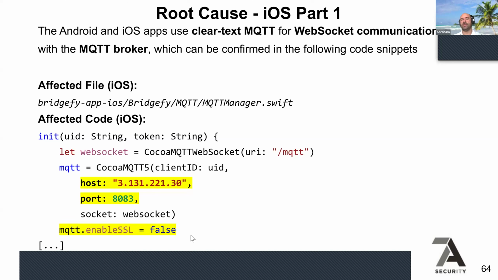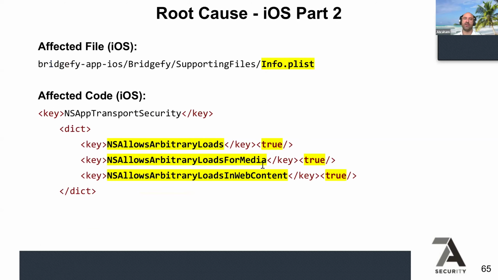So that would be the way to fix it, setting this to true. And yes, this is basically why it worked. You will also notice problems like this because the application will have to defeat the default protections. In Android and iOS version 9, in both cases, they introduced blocking clear text by default.